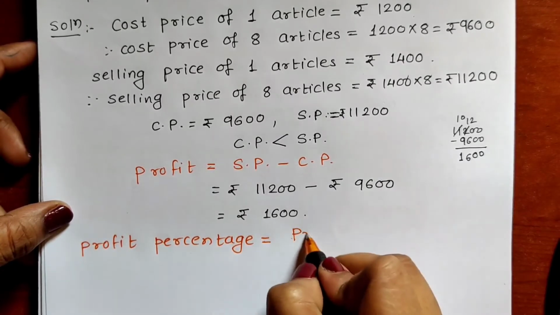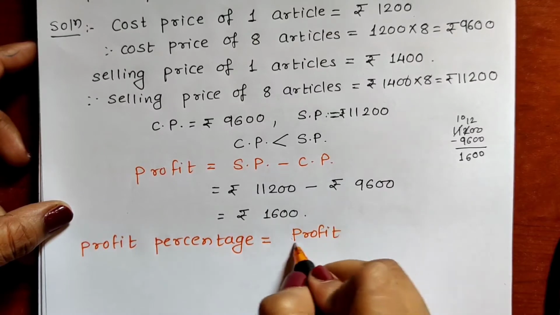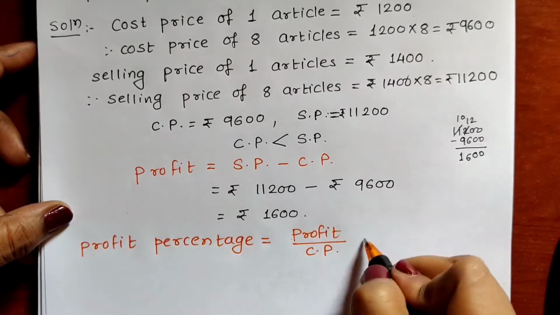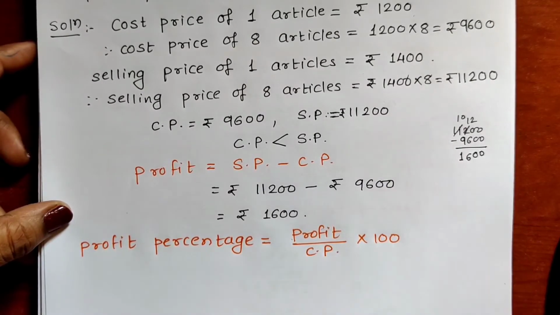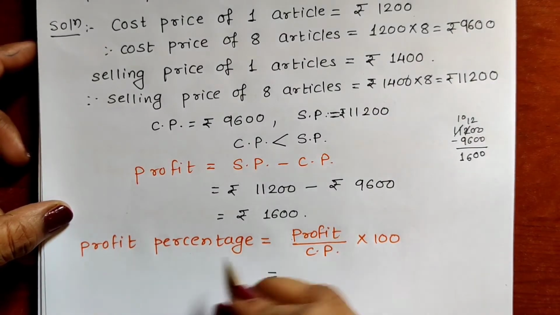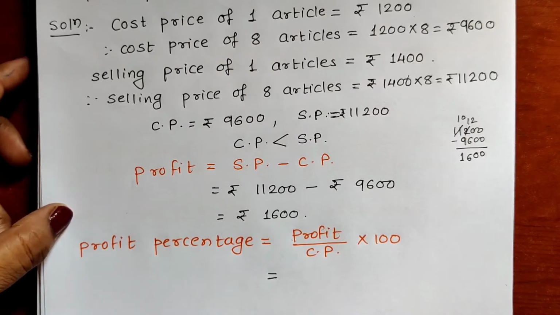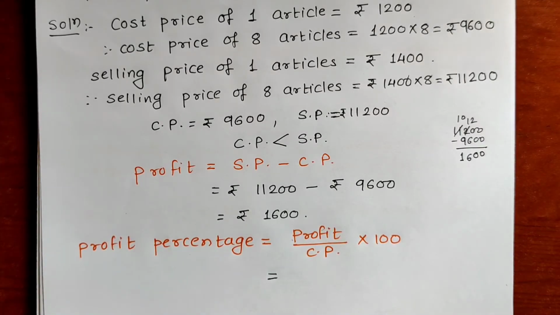Profit percentage is equal to profit upon cost price multiplied by 100. If you remember this formula, it becomes very easy to show profit percentage, and very convenient to apply the formula also.